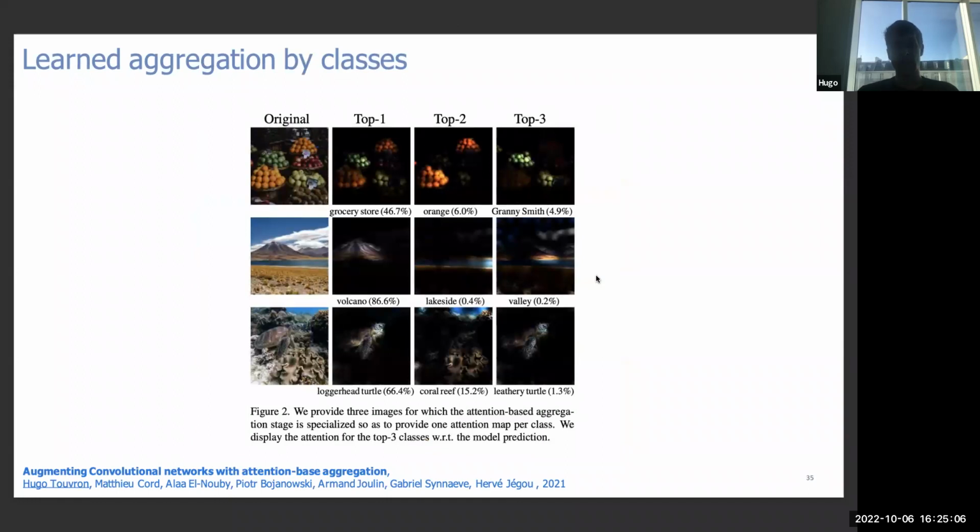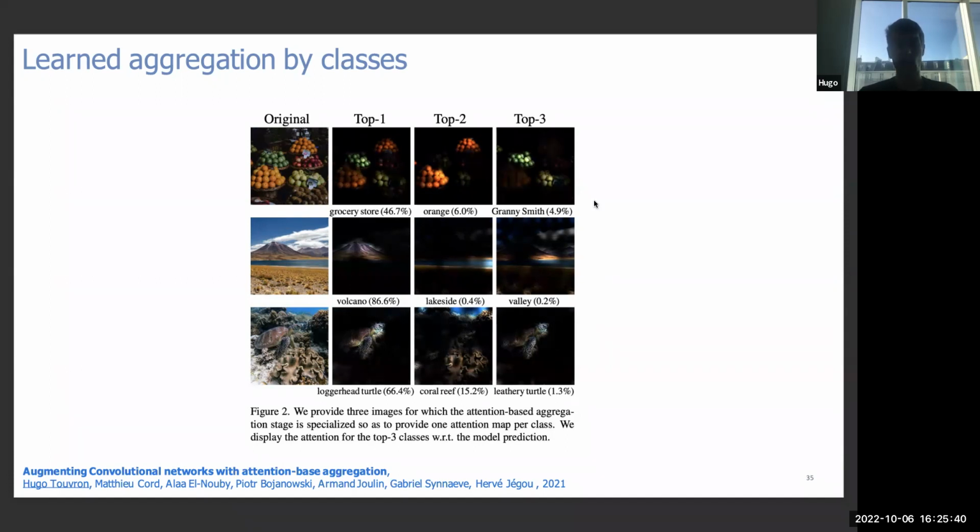It's particularly interesting because it can help to understand the prediction of the model. So here the idea is to train the network on ImageNet, and for each image in the validation set or images from the internet, look at the top 3 predictions and look at what patches are used to make this prediction. For instance, if we take the first image here, the top 3 predictions are grocery store, orange, Granny Smith.